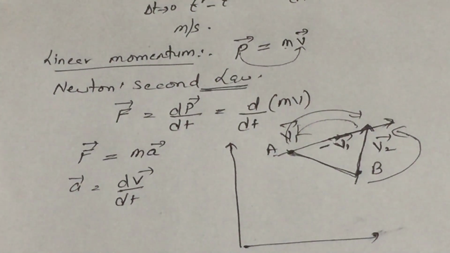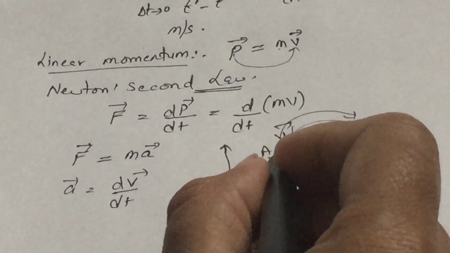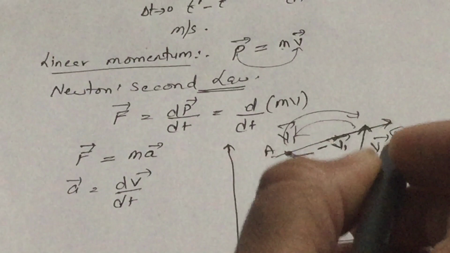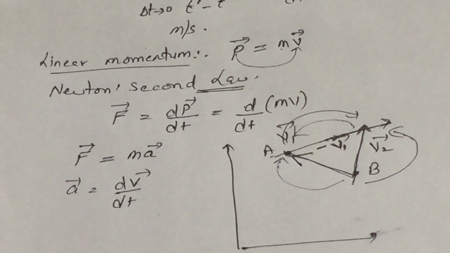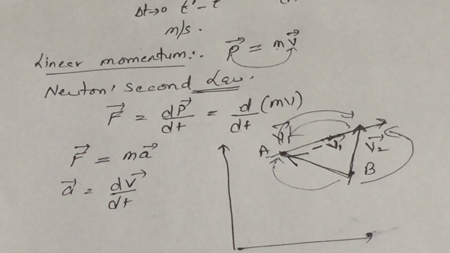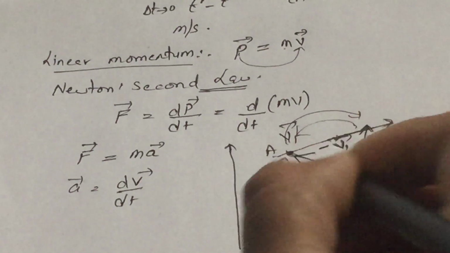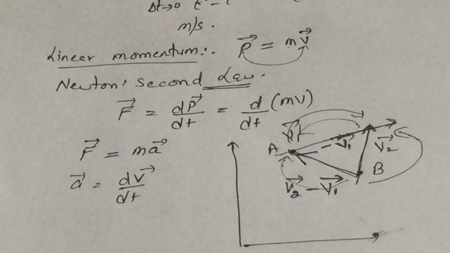Now it will be in anti-clockwise direction, and according to the triangle law of vector addition, the closing side, that is from B to A, which is in clockwise direction, will give the resultant of the two vectors v2 and v1, and it is given by v2 minus v1.